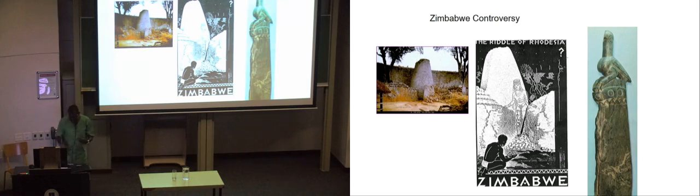However, because neither Bent nor Hall were properly trained archaeologists, their methods of excavation were so atrocious that they prompted the British Association for the Advancement of Science to send the professional archaeologist David Randall McIver, who had worked in Palestine and other places, to come and investigate at Great Zimbabwe and hopefully solve the origins question.